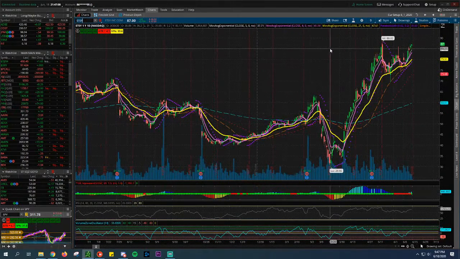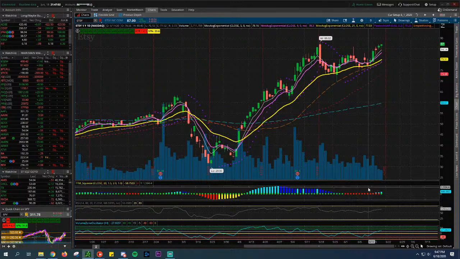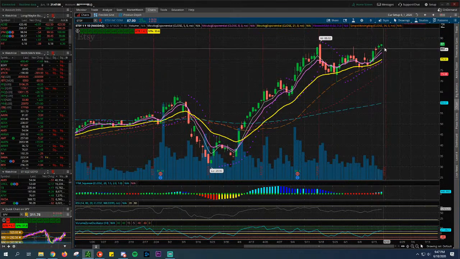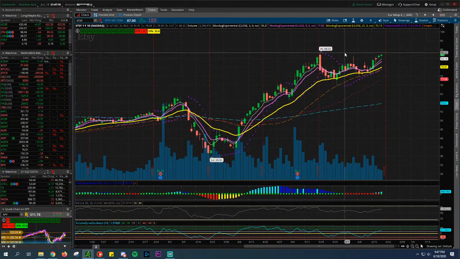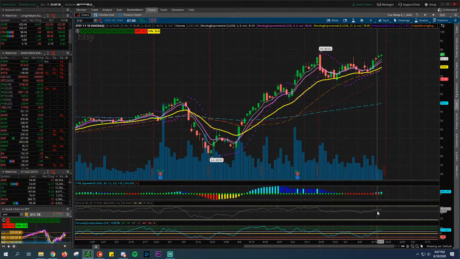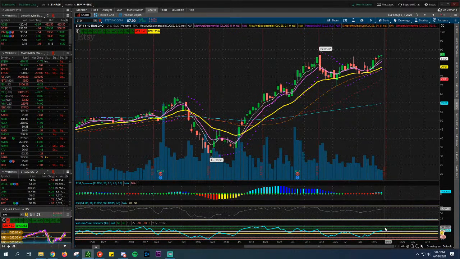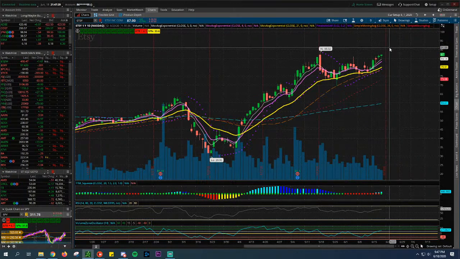Etsy. Yeah, so as you can see here, the first thing I look at is the squeeze. It did fire high, so the momentum is kicking off to go higher, potentially trying to bust above that $88 tomorrow, if the overall market continues going higher. We do see some room to run, even though with the RSI and the volume oscillator there isn't a significant amount of volume coming in yet.